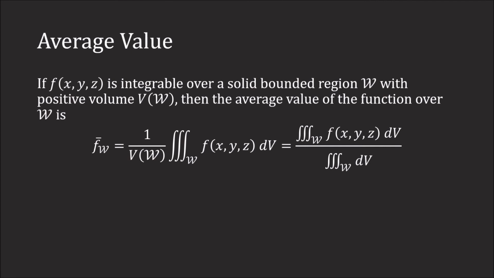So if f of x, y, z is integrable over a solid bounded region W with positive volume V of W, then the average value of the function over W, f bar of W, is 1 over the volume of W times the triple integral over W of f of x, y, z. And of course, we just saw that the volume is a triple integral, so we can also write it as a fraction of triple integrals.